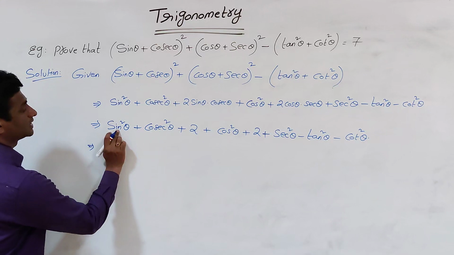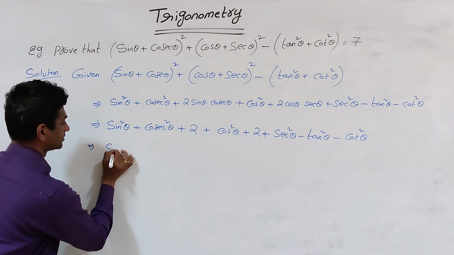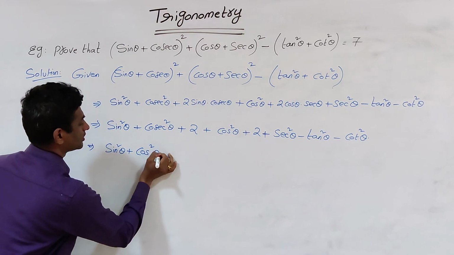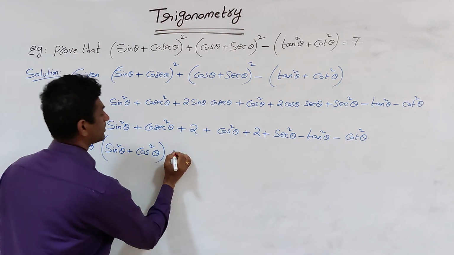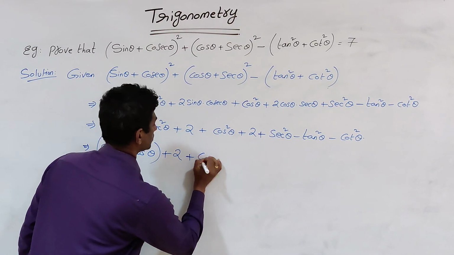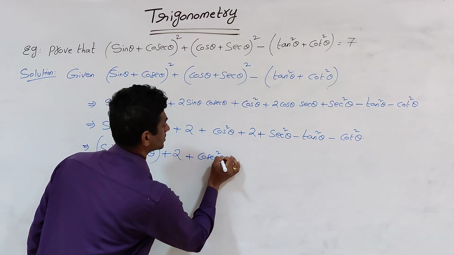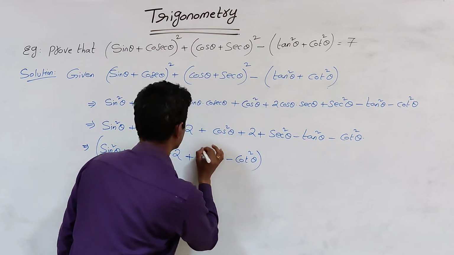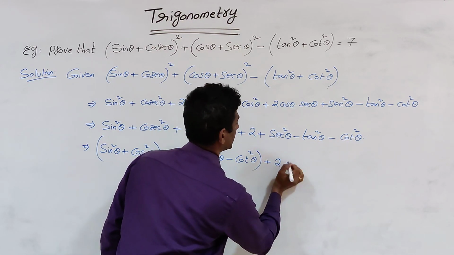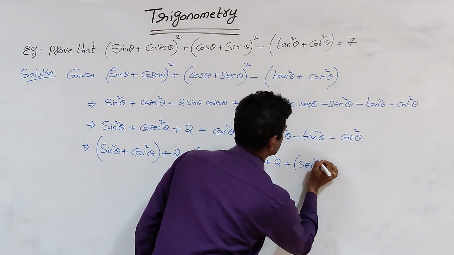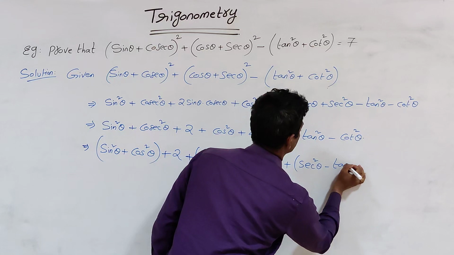So we can have sin square theta plus cos square theta, which is 1, plus 2, and cosecant square theta minus cot square theta is 1, plus 2, plus one more value, that is secant square theta minus tan square theta.